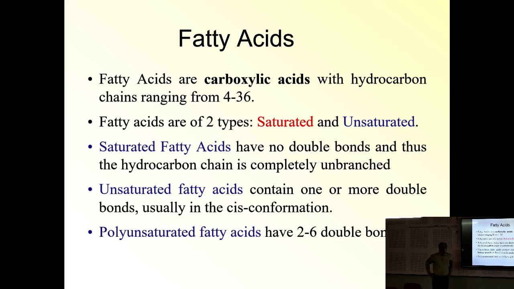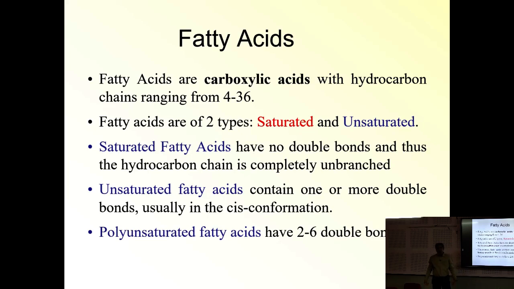Fatty acids are of two types, saturated and unsaturated. Saturated fatty acids have no double bond system and thus the hydrocarbon chain is completely unbranched. Similarly, unsaturated fatty acids contain one or more double bonds, usually found in cis configuration.